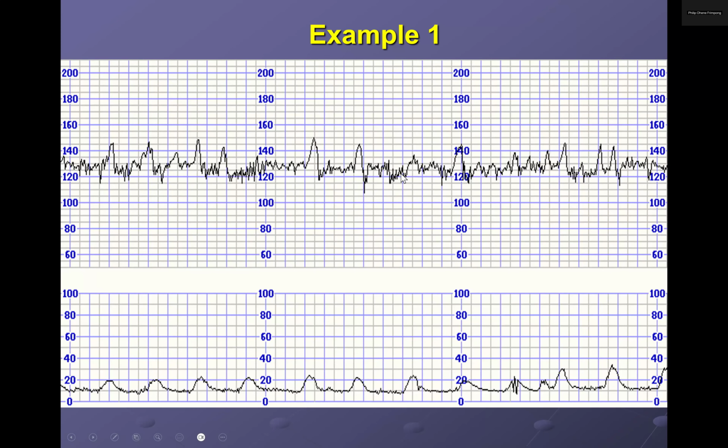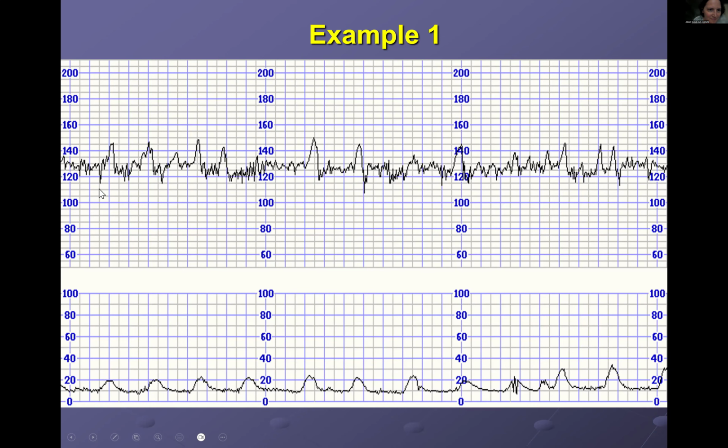I do see accelerations. Yes, there are many nice accelerations already. There are some decelerations. Most of them are actually early decelerations, except for the first one.